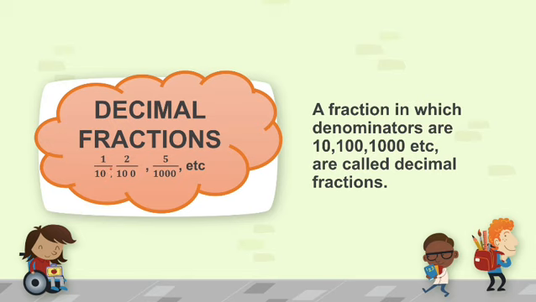And what is the fraction? 1 upon 10. Then you have 2 by 100, 5 by 1000. So these are decimal fractions, where the denominators will be 10, 100, 1000, 10,000 and so on.